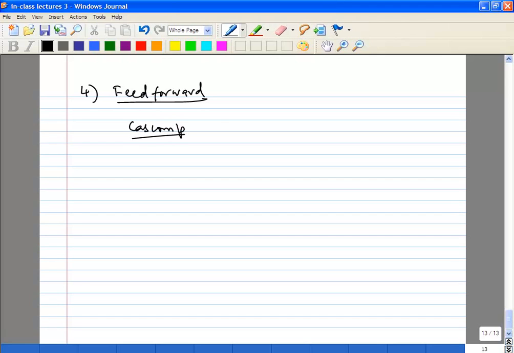This thing is called the CASCOMP. Don't ask me how they thought of these names. It's probably something to do with cascode and computer or something, computing, but it's called CASCOMP.